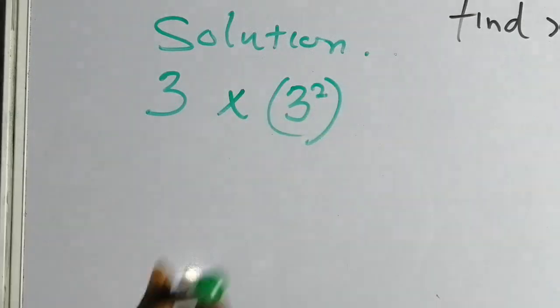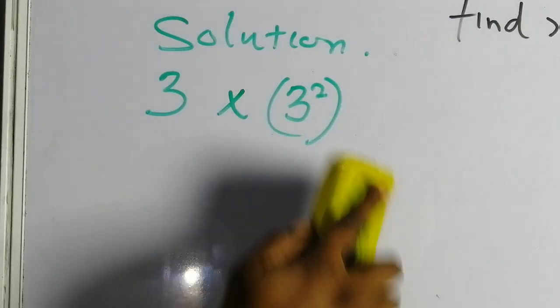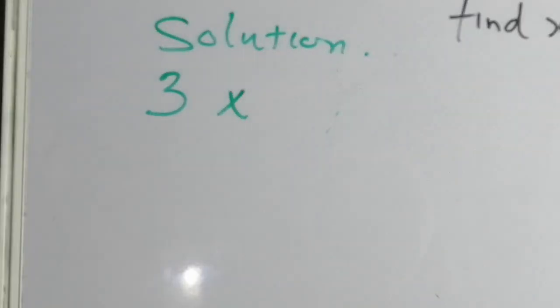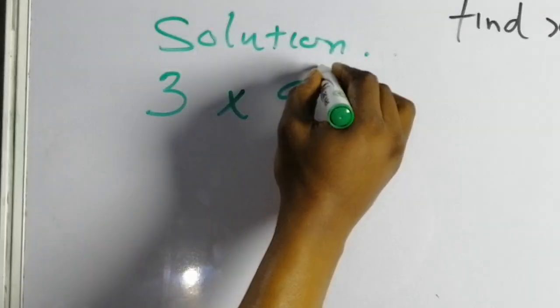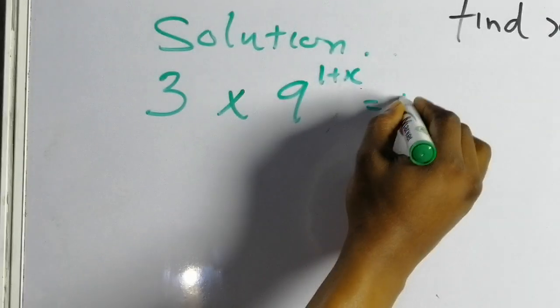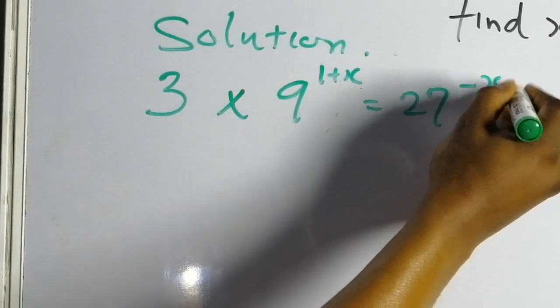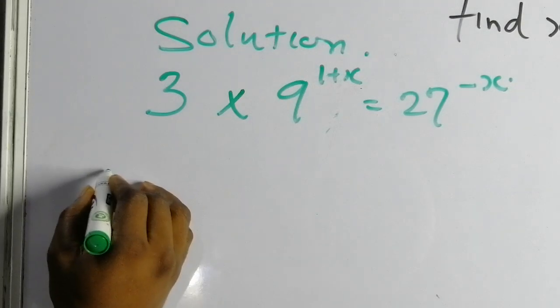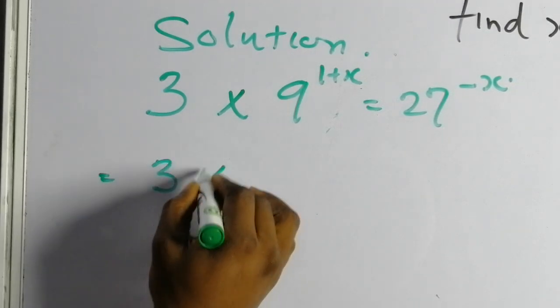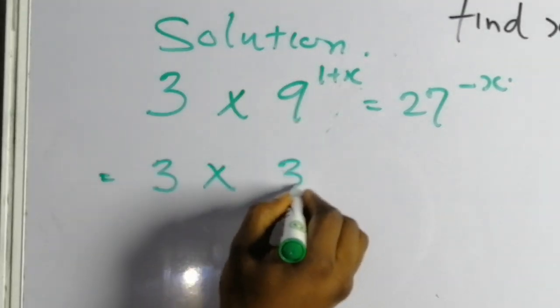Let me first write the question so that you won't get confused about how this person got 9. Okay, 3 raised to power (1 plus x) equals 27 raised to power minus x. So 3 times 3 is 9, which is 3 raised to power 2.